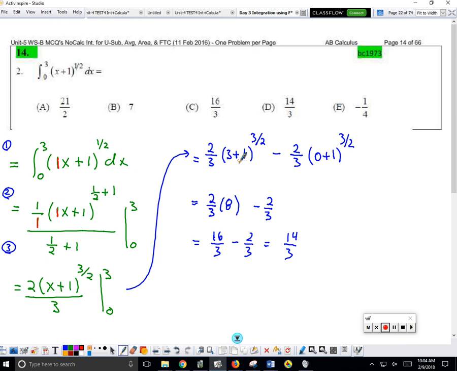Honestly, if you can do the root first, that's best because the numbers stay smaller. Start doing the power first, you get large numbers, harder to deal with. I do think there are some cases, though, where you have to do the power first. So here, square root of 4 is 2. 2 cubed is 8. Square root of 1 is 1. 1 cubed is 1 times 2/3 is 2/3.